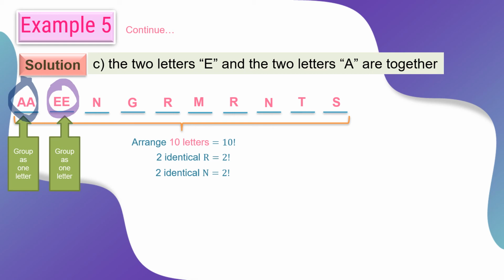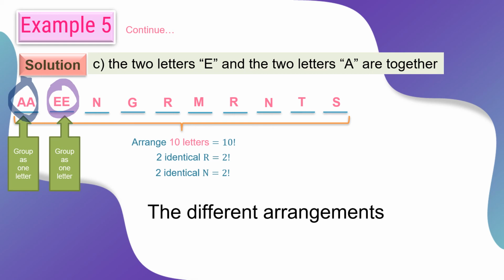So next, N, G, R, M, R, N, T, S, we can arrange. Okay, so how many arrangements here? Because here it becomes one, first, second, third, fourth, fifth, 6, 7, 8, 9, 10. So we have 10 letters.